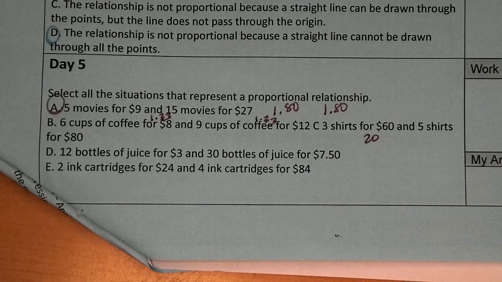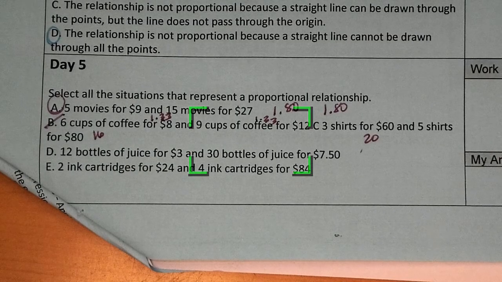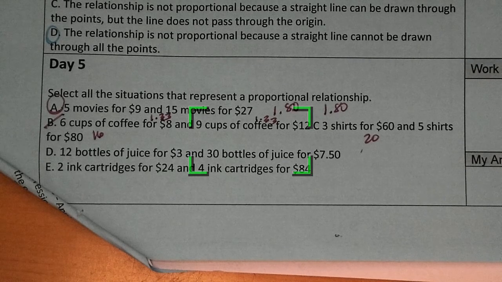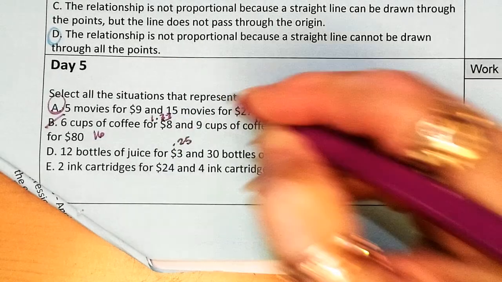And then 80 divided by 5 is 16. So because this one and this one are not the same, that is not proportional. All right, $3 divided by 12 is 25 cents.